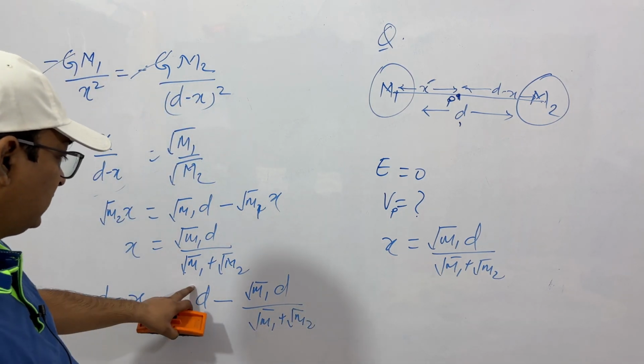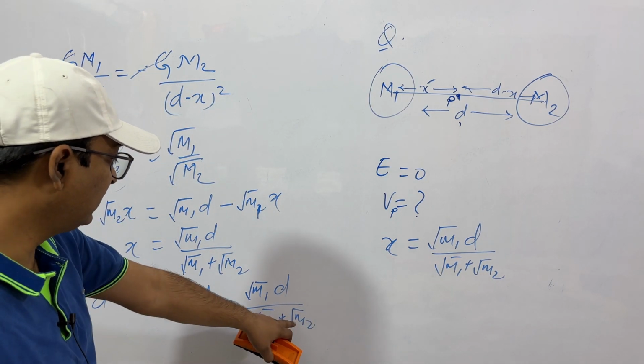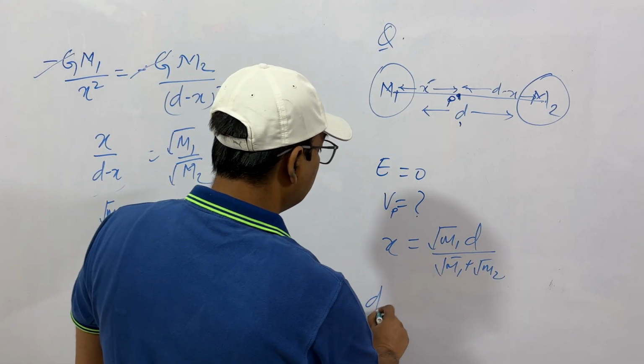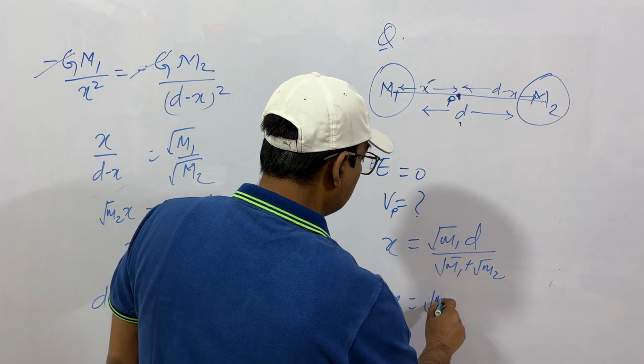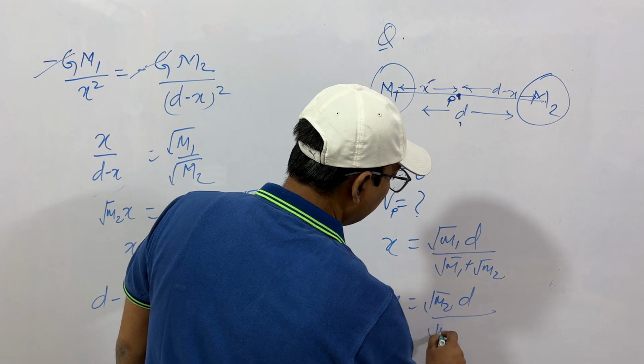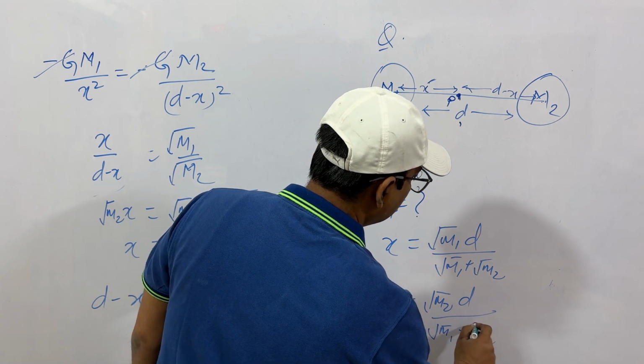See, when we take it to this side, root m1 d will cancel and we'll have only root m2 d. So d minus x will be root m2 d by root m1 plus root m2.